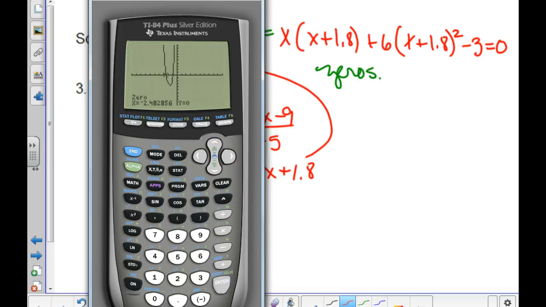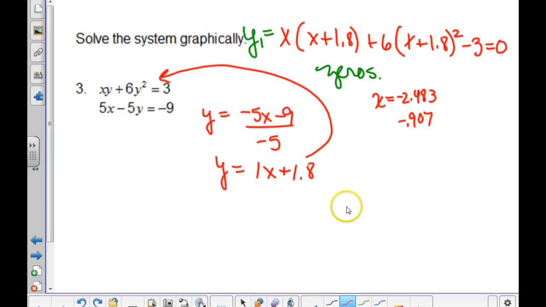So I got -2.483. And is anyone else actually doing this? -0.907. Okay, am I done? I need to plug those two answers in here.